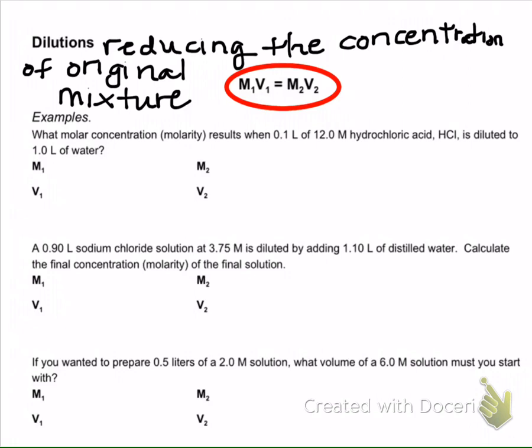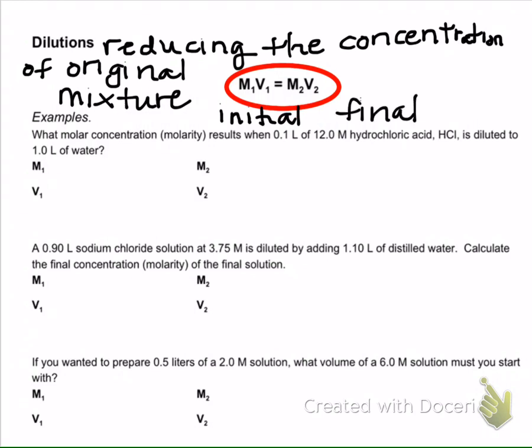So a dilution, again, is reducing the concentration of the original mixture, and we're going to use this formula here. M1 times V1 is equal to M2 V2, and all of this is going to be very algebraic. The M1 and V1 represent the initial molarity and volume, and the 2 represents the final molarity and volume.